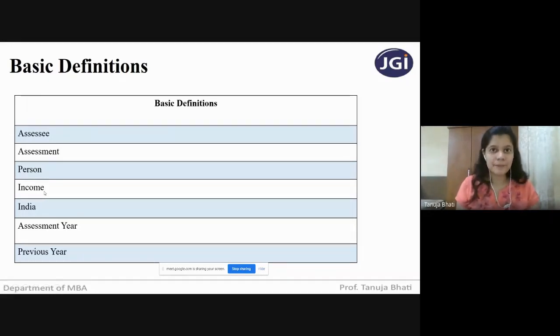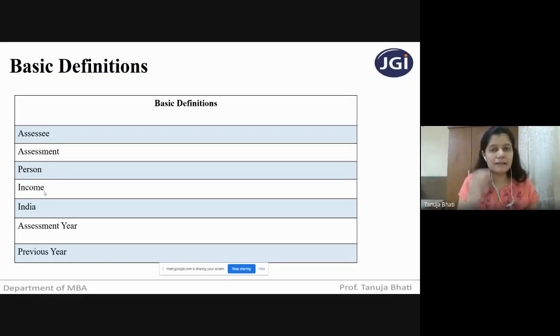Salary can be an income. If you're earning any gains from your business, it can be an income. If you're winning from any lottery, it can be your income. If you're earning interest from bank deposits, your investments, it can be your income. If you're earning any money or gain from the sale of your property, house property, it can be your income.